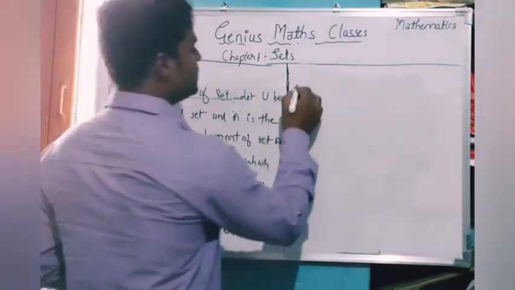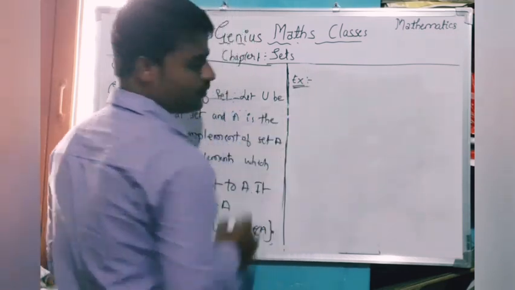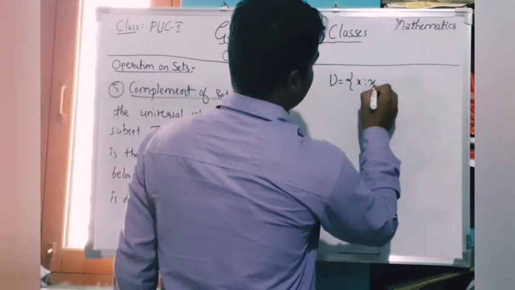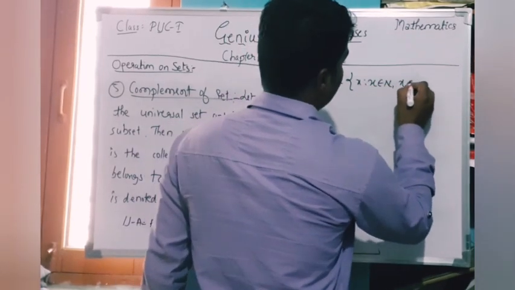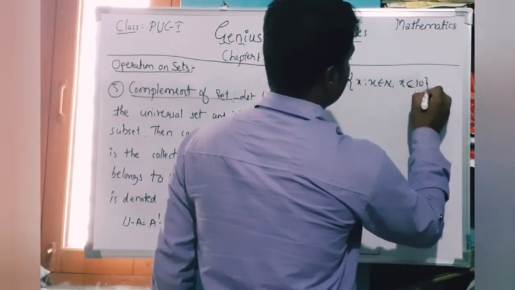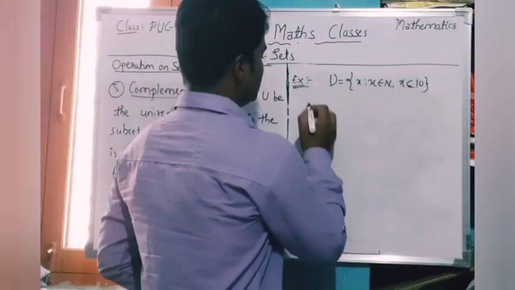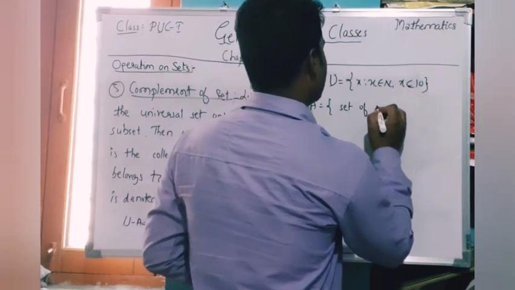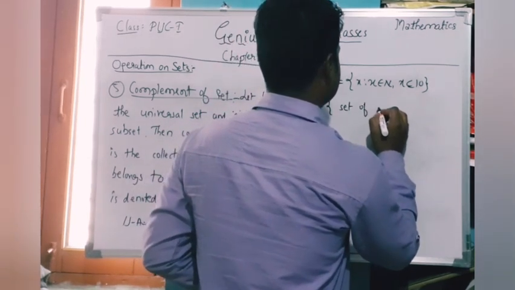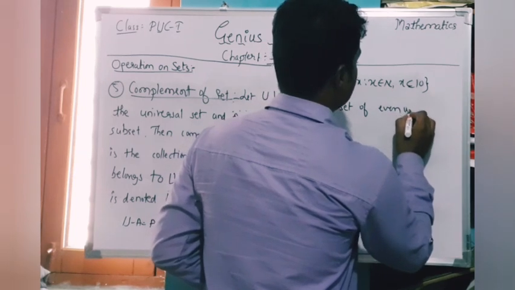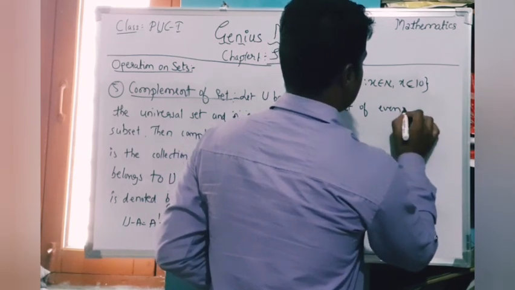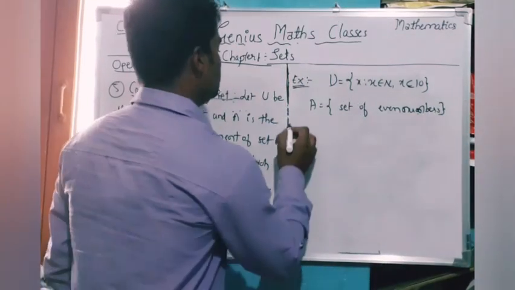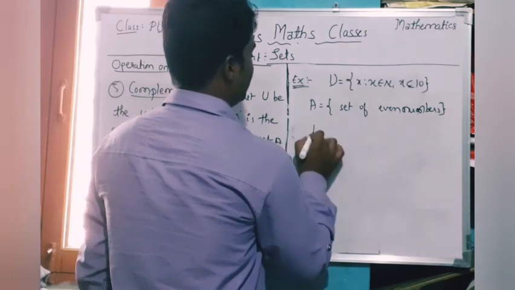The best example is: U is the set of X such that X belongs to N and X is less than or equal to 10. This is the universal set, and A is the set of even numbers less than 10. Solution: what is A dash?